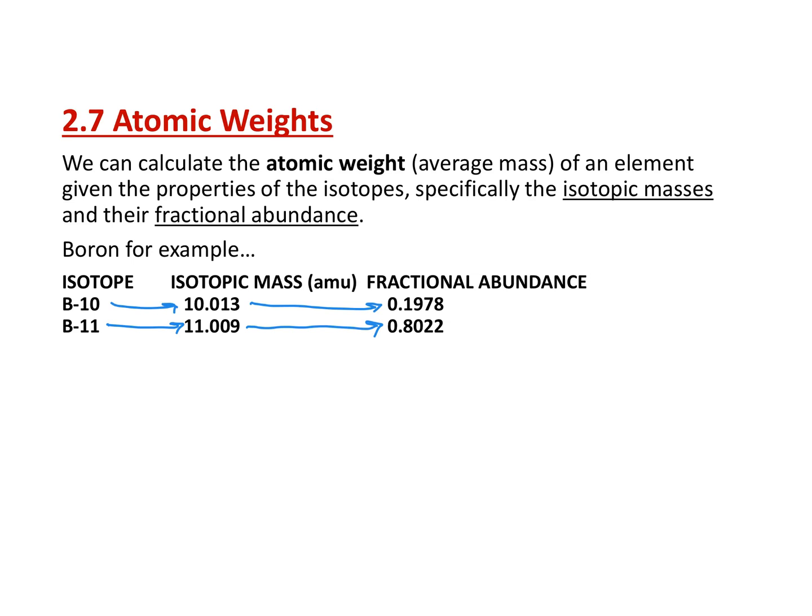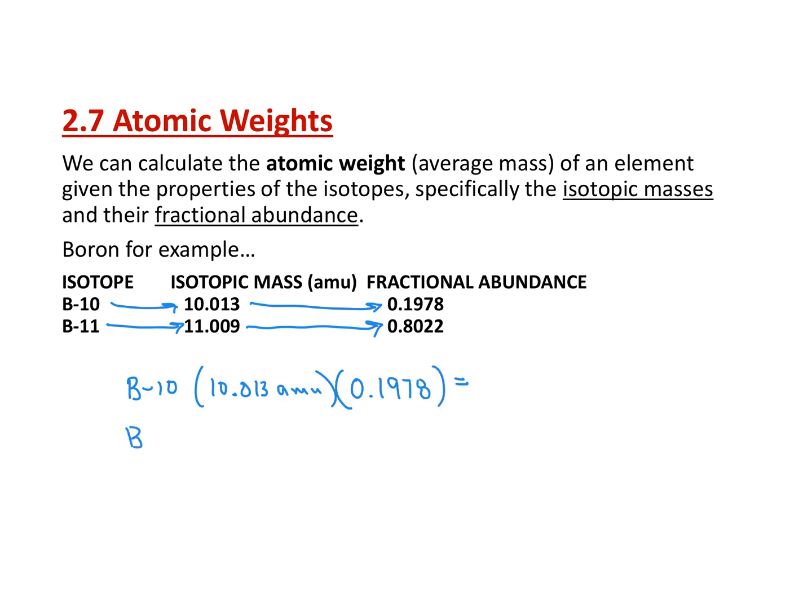With that information, we can determine the average atomic weight that we should use for that sample. Boron 10 weighs in at 10.013 AMU, and as a decimal, is 0.1978 of the sample.